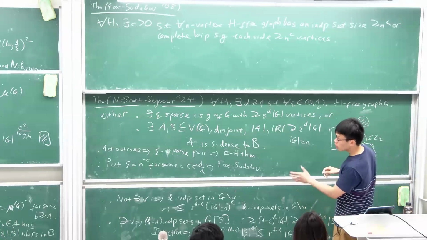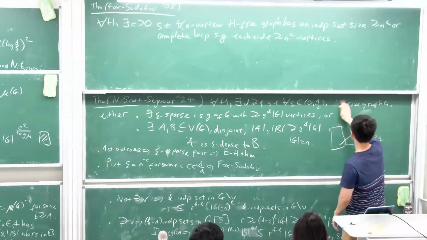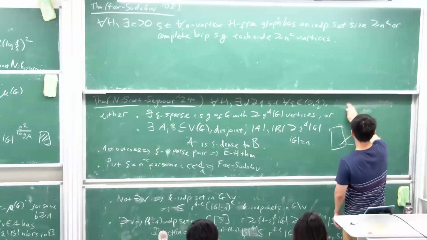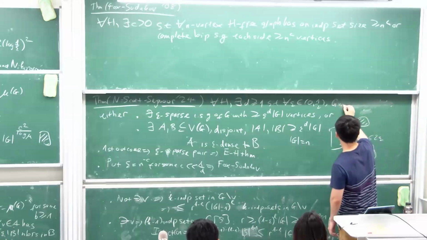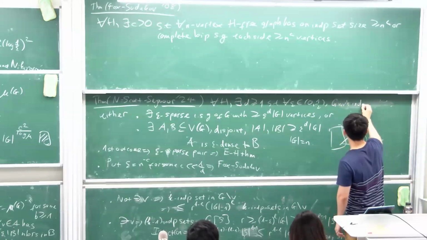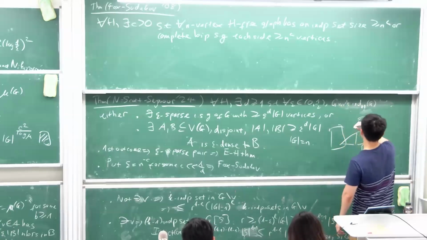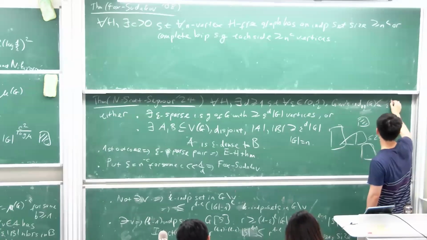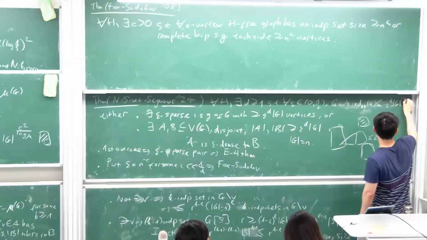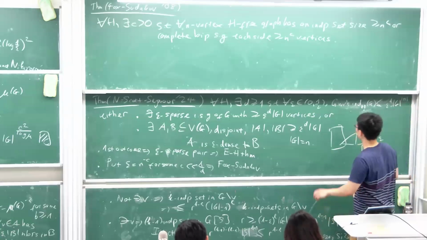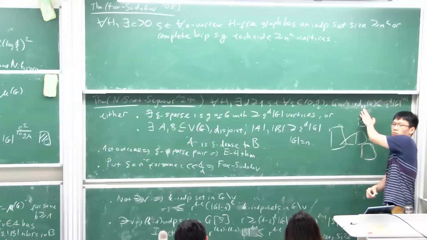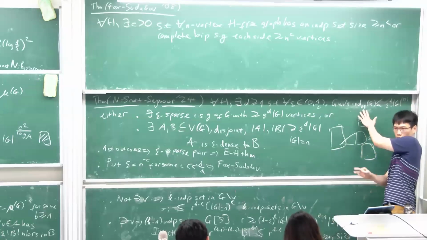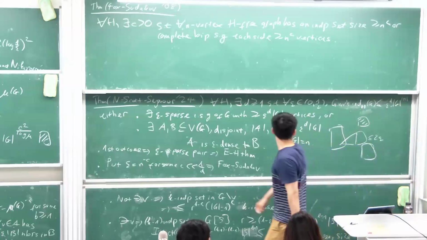So what we really proved was not H-free, but instead G with at most epsilon to the v(G) raised to the power v(H) copies of H. Again, this notation means the number of copies of H in G.